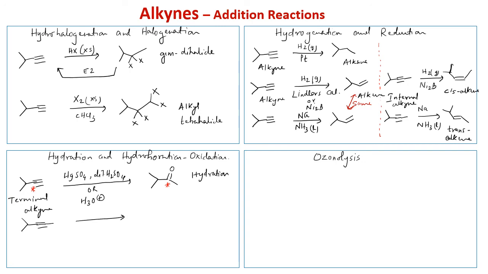If I did the same thing using an internal alkyne, I'll get two products, because now we will get this ketone plus that ketone, where this carbon became the carbonyl carbon, or alternatively the other carbon became the carbonyl carbon.